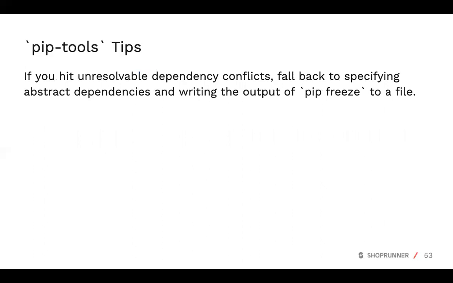One issue we've run into is sometimes you have conflicts in your dependencies that cannot be resolved. We've seen this in particular with Boto dependencies. There are things that depend on Boto, which is an Amazon AWS library for talking to S3 and other services. We have a bunch of dependencies that can't always agree on what version of botocore to use. In some cases, we've been able to resolve this by downgrading Boto3.